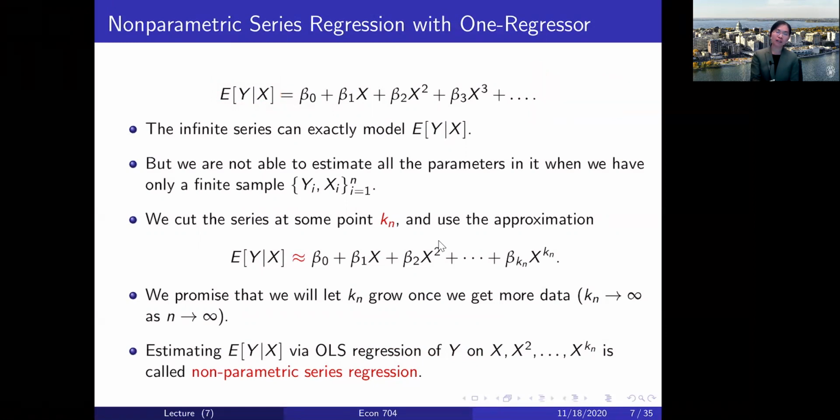We'll still guarantee that we have a very good approximation to that conditional mean. So we typically cut the series at some point and use the approximation E[y given x] equals this polynomial function of x, and we estimate beta 0, beta 1, beta 2 to beta kn. And hopefully we have enough data to estimate those.